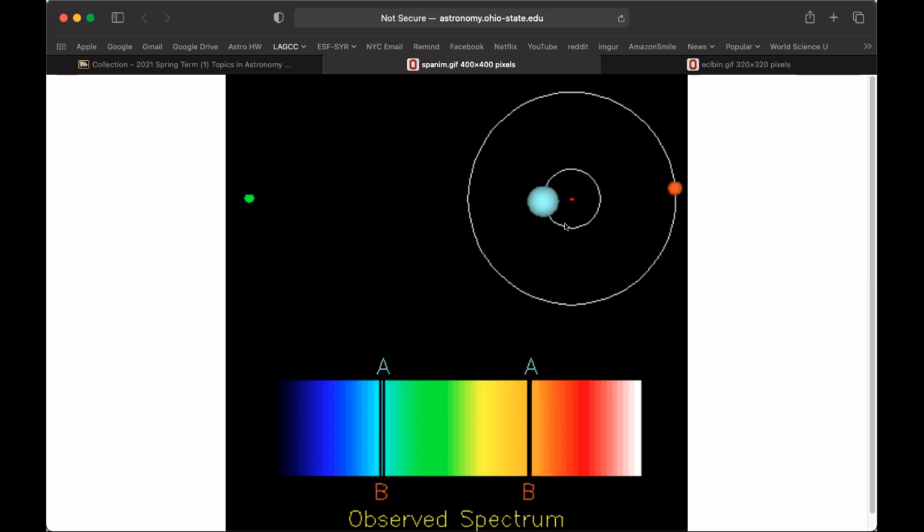And we can sort of make sense of that with the blue star, star A, as well. And so all of this is to say that it is possible to determine the period of their orbit around each other. And using that information, we are able to determine their masses.